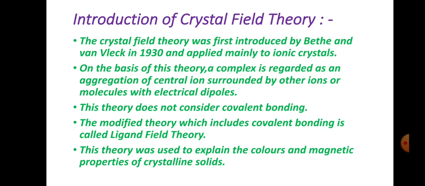This theory does not consider covalent bonding. The modified theory, which includes covalent bonding, is called ligand field theory. This theory was used to explain the colors and magnetic properties of crystalline solids.